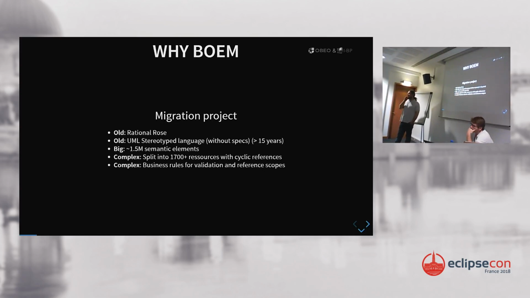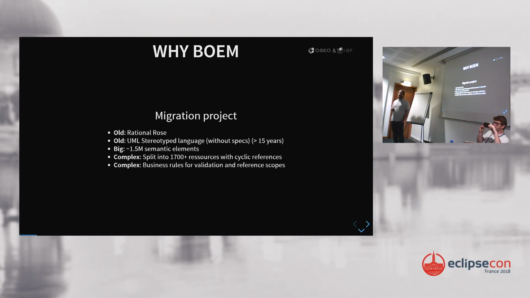It's a migration project from Rational Rose to modern technologies like EMF and Sirius. Rational Rose has been end of life since, I think, 2006, and they defined a language for their model-driven engineering tool suite to build their business applications at the Banque Populaire, based on a UML stereotype language.